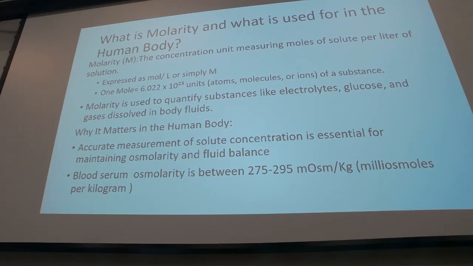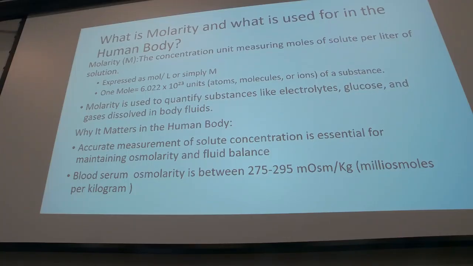So, when you have a substance and you say, well, it's a substance that has 1 molar or 1 mole, that means that you have in that container atoms that make this number, 6.022 times 10 to the 23rd.